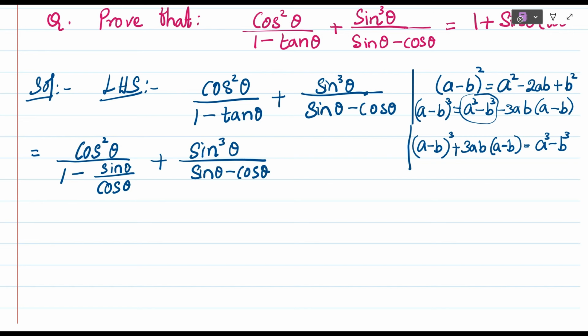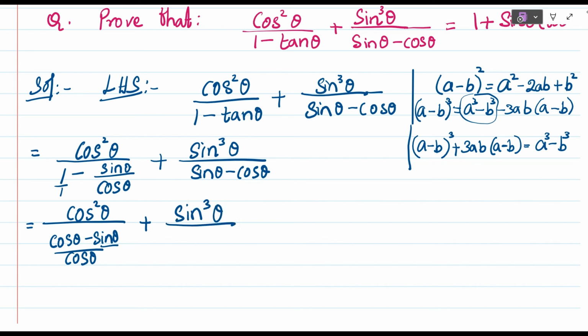So in the denominator, I am going to take LCM, students, that is equal to cos square theta whole divided by, here the LCM is cos theta. In the numerator, you will have cos theta minus sin theta. Clear? Plus sin cube theta by sin theta minus cos theta. Very, very easy, students.